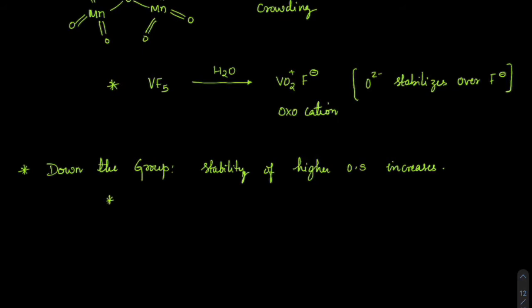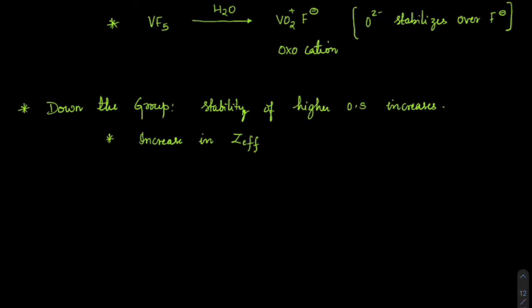First reason is due to increase in Z effective. You know that as you go down the group, you start filling the f orbital also, right? Because of the increase in Z effective, there will be contraction of size, and this is what we call lanthanoid contraction.